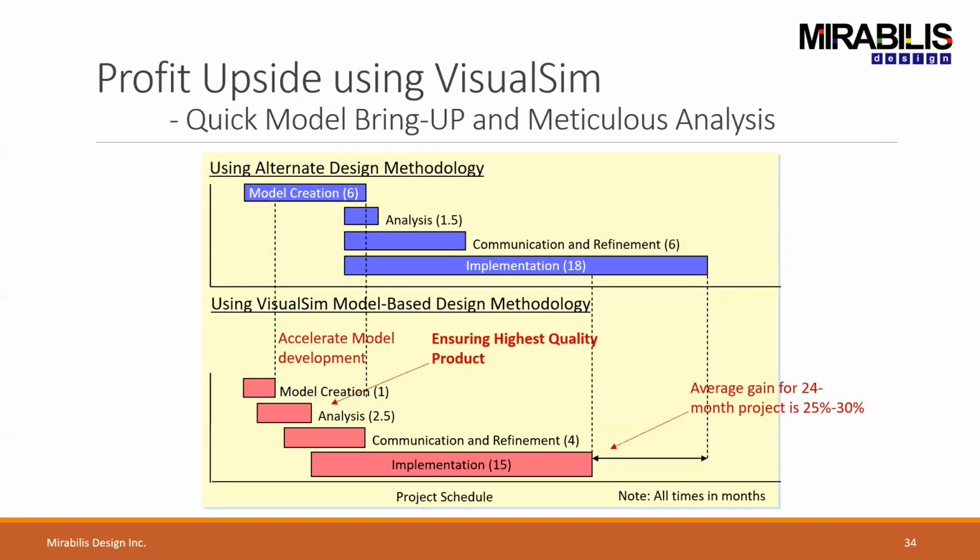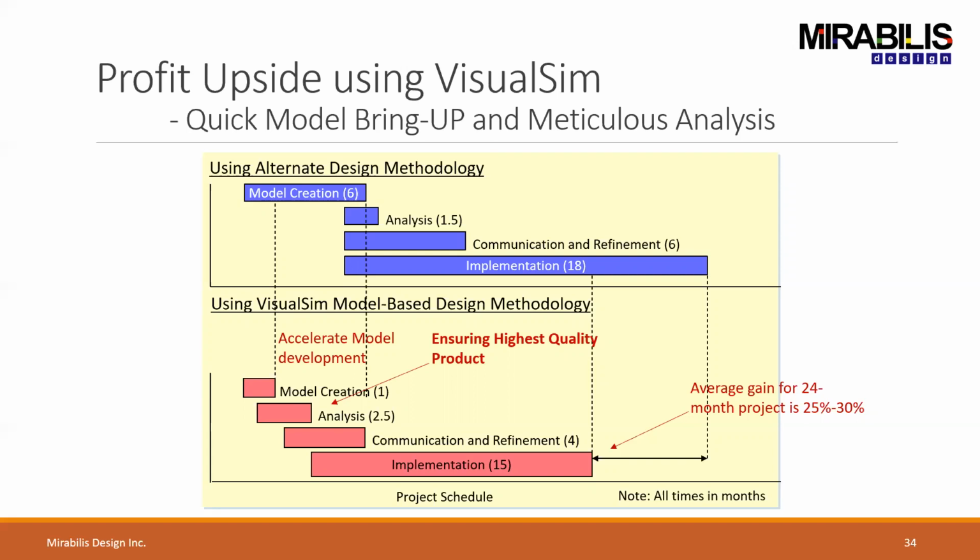So on the profit taking, one of the things that a tool like Mirabilis Design brings to architecture exploration is really the acceleration of model creation and the analysis. The analysis is important because when you have to do some rework or bug fixes during development or integration, you lose a lot of time. Plus, you have to do patchwork. When you do patchwork, what ends up happening is you end up creating problems in other parts of the design.